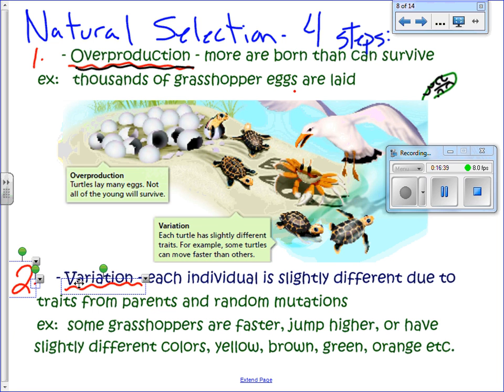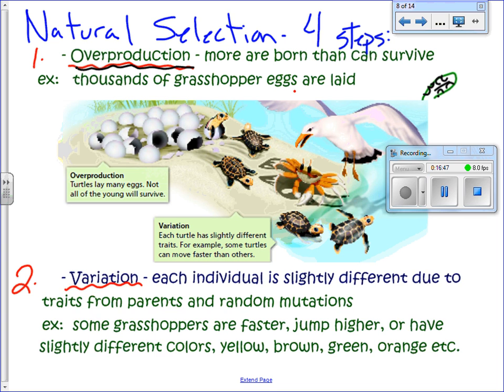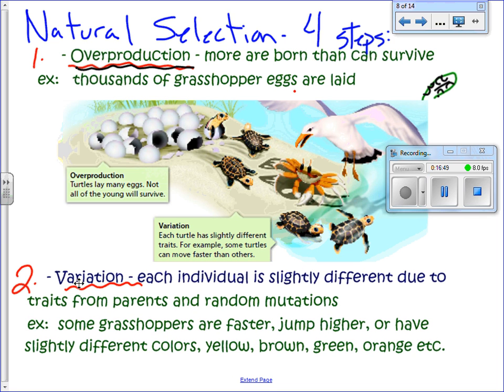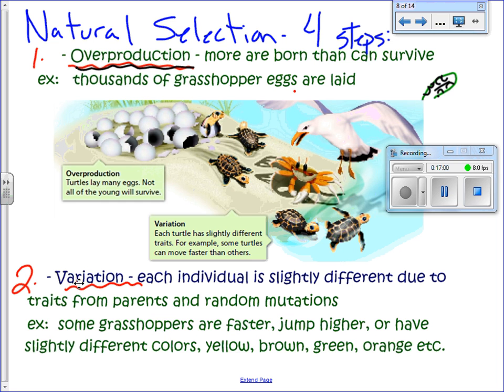Because of that, you get incredible variation in the next generation. So each of the individuals is slightly different from each other. For example, some grasshoppers might be faster, they can jump higher, or they have different colors, or different variations of yellow, brown, green, and orange. For the turtles, each turtle has slightly different traits. Some turtles can move faster. Some have slightly different coloring. Okay, so first we got overproduction, then we got variation.